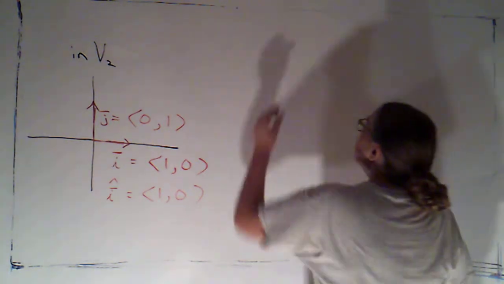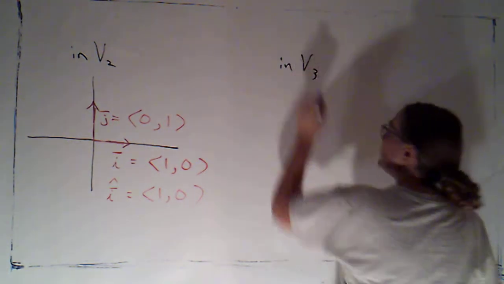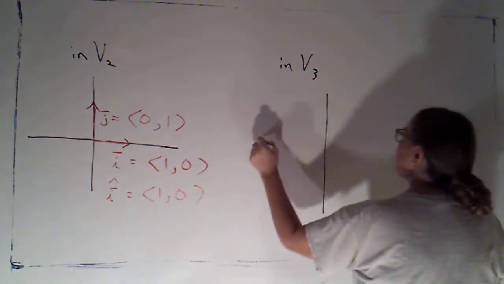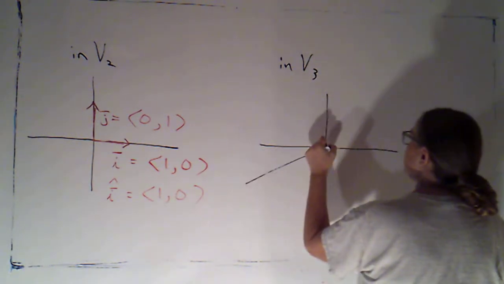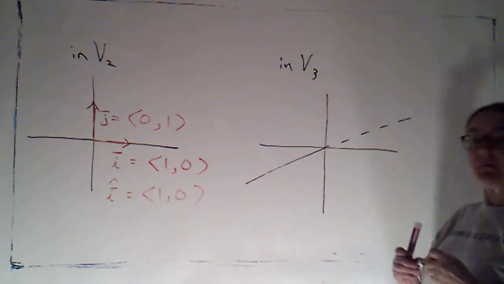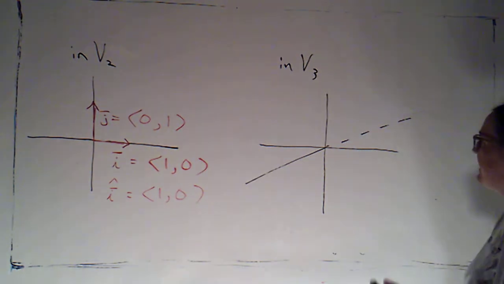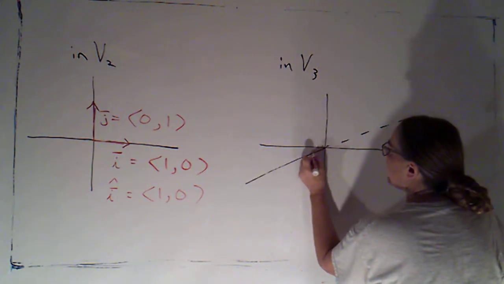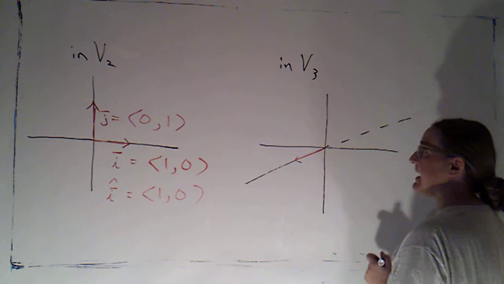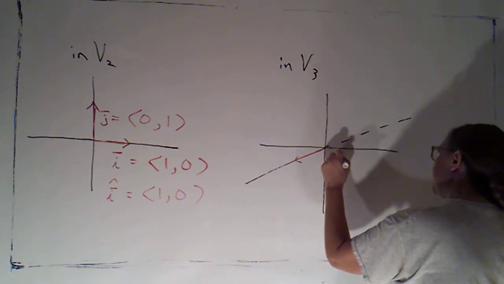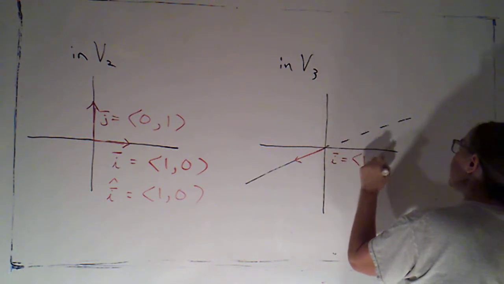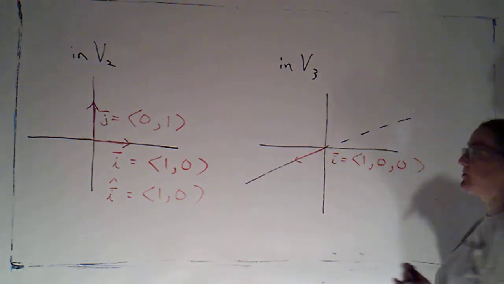Now, if we're in 3 space, there are going to be 3 special unit vectors that we can work with. The vector that points in the direction of the positive x-axis, we're going to call that i, but now it's 1, 0, 0.